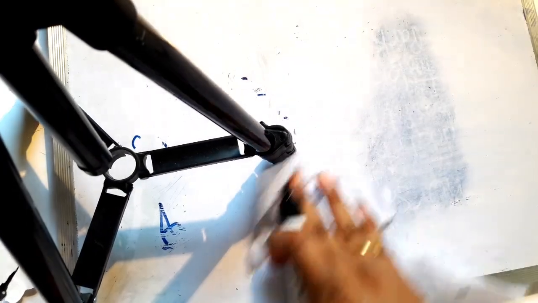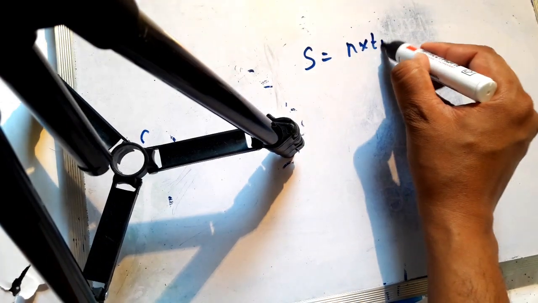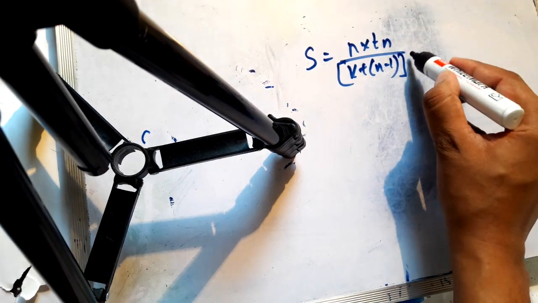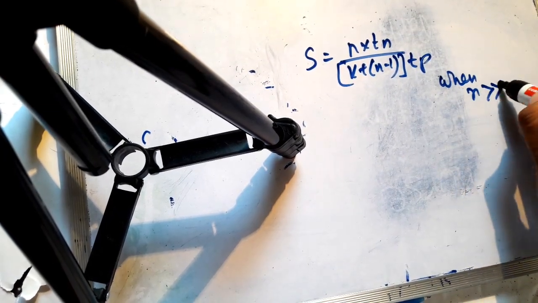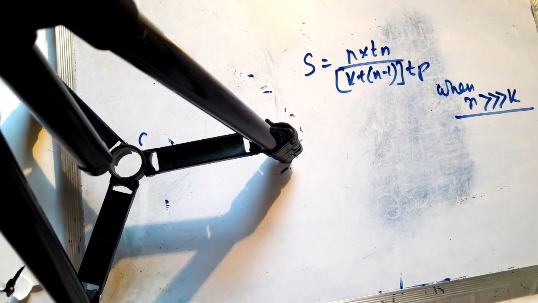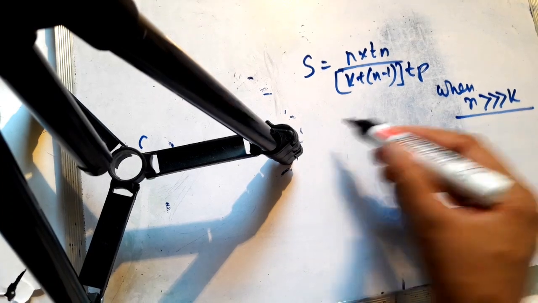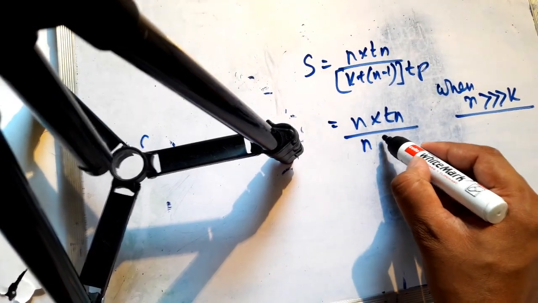Now there is a formula for maximum speed up. We know S equal to n into Tn divided by k plus n minus 1 into Tp. When n is greater than k, the value of n is much more than k, then we can ignore the k, and that is equal to n into Tn divided by n into Tp.